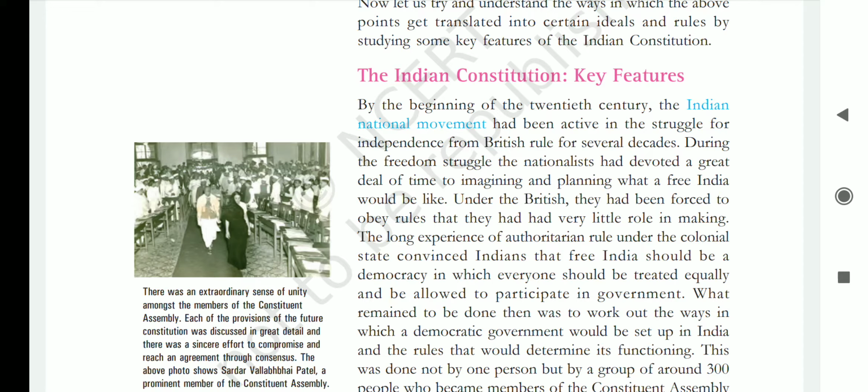What would the free India be like? What are our plans for after gaining freedom? In this way they were planning and imagining what a free India would be like.